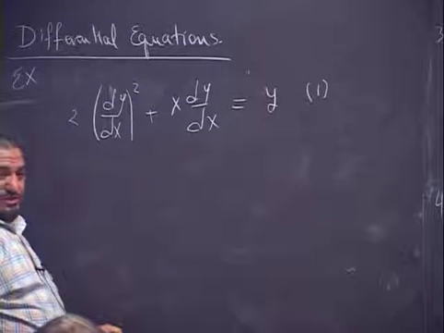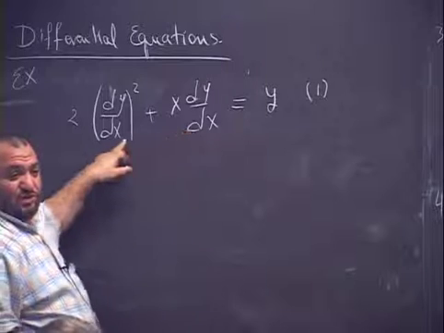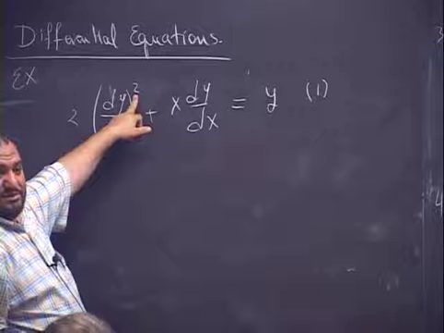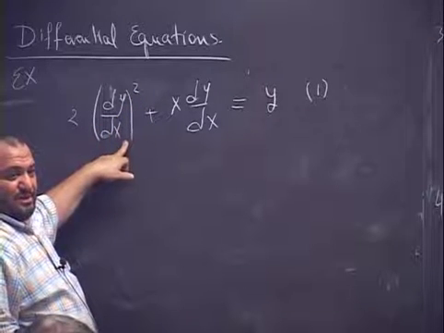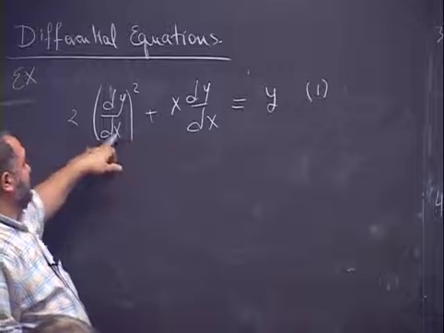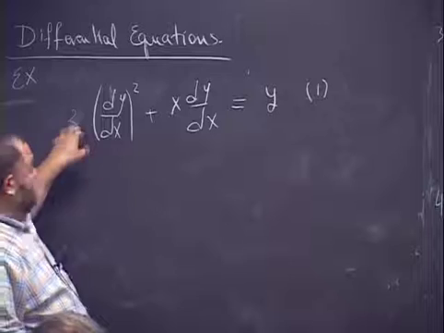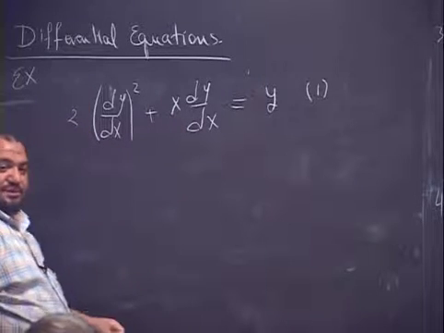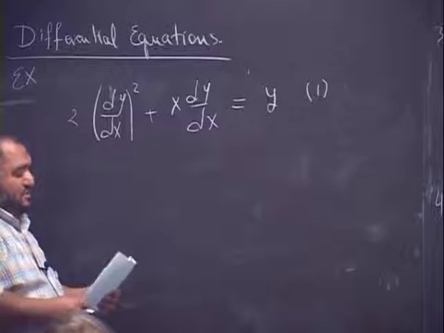What order? First order. I have a first order here, and a first order here, but this first order is raised to what? So, nonlinear, ordinary differential equation with variable coefficient. Why? This is constant, but this is x, a function of the independent variable, which is a linear function.